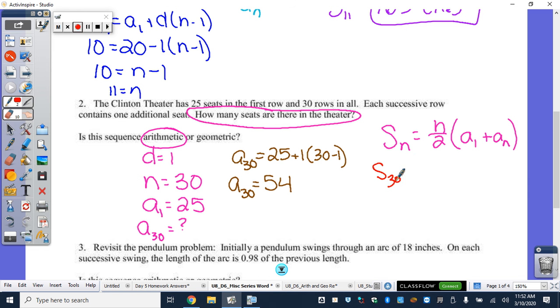Now we can plug into our series. 30 goes in for n, 25 is our first row, 54 is our last row. And how many seats do we have total in the theater?